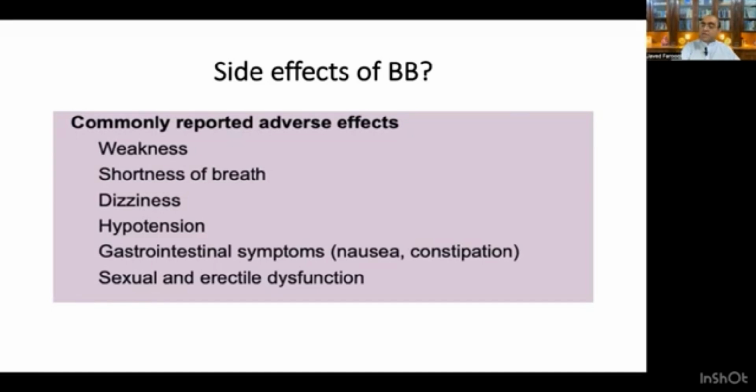So, dear colleagues, these are a few side effects when we use beta blockers in cirrhotic patients, and we know that beta blockers have a very vital and extended role. So we need to exclude any side effects in these patients.